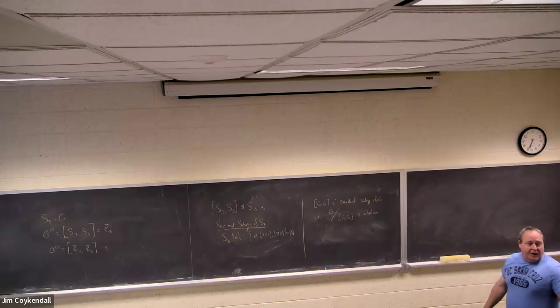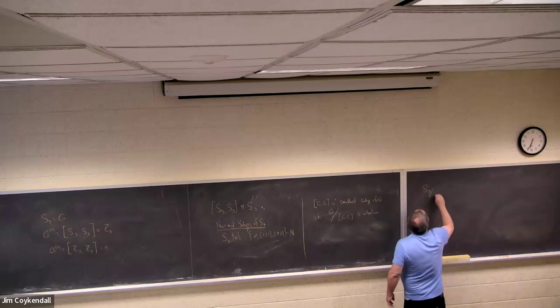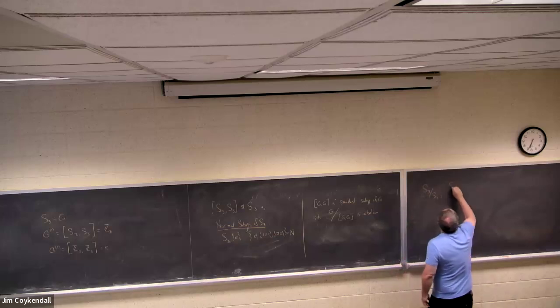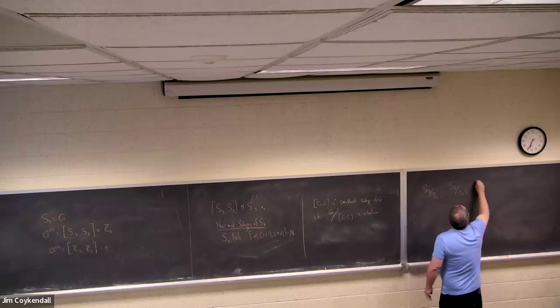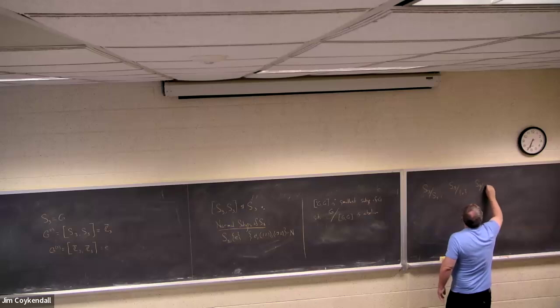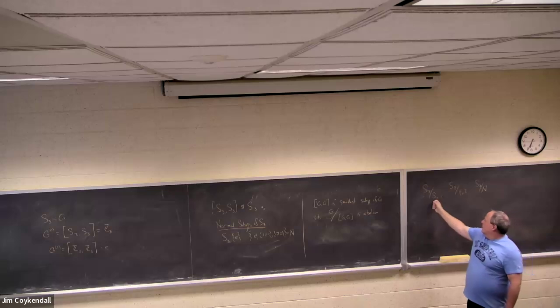So I've got 3 normal subgroups, right? S3 mod S3 is the identity. Is that abelian?